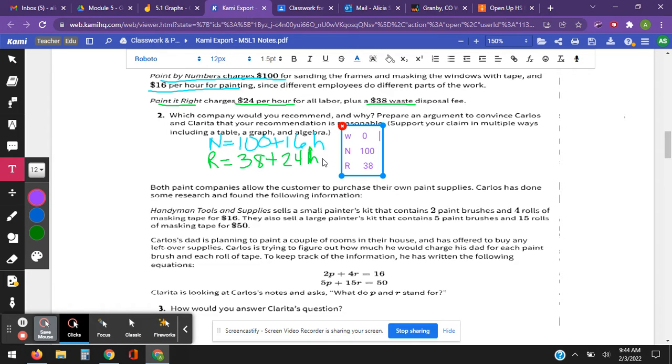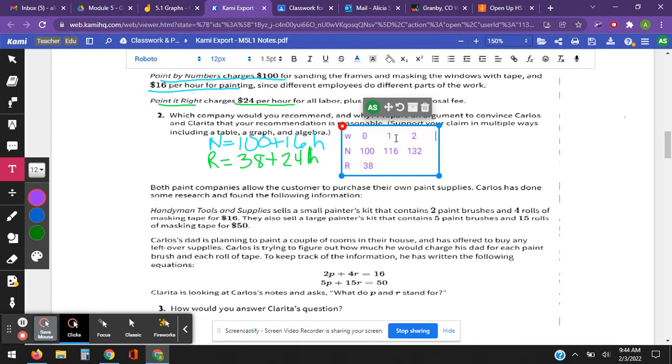Okay. So then if we have 1 window, Paint by Number is going to be another 16 on top of that. So this is going to get really big really fast. Go ahead and keep going with up here since these are the big numbers. 2 windows will be another 16, so that's 132.